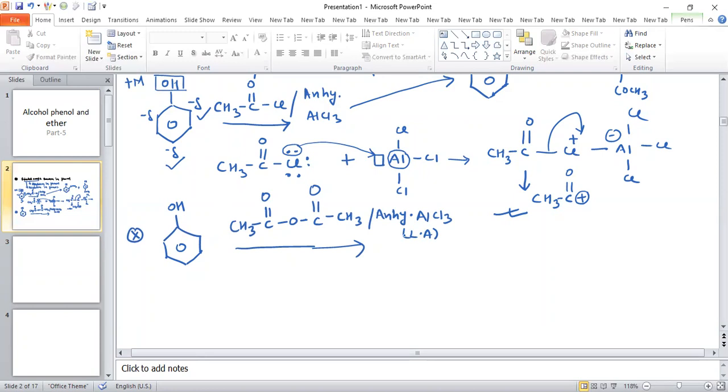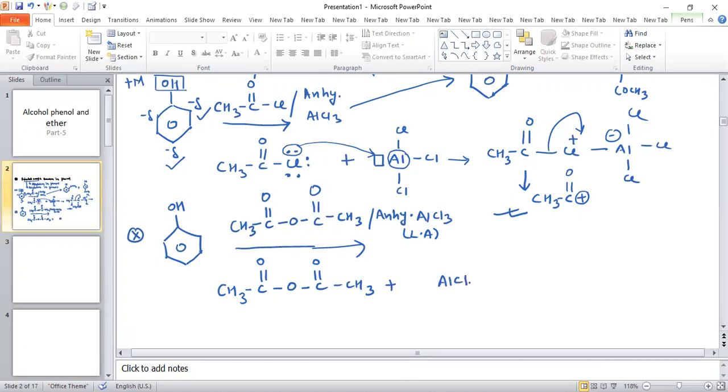Now see the mechanism again. The compound is CH3C=O, and this oxygen has a lone pair of electrons, with C=O CH3 and anhydrous AlCl3.